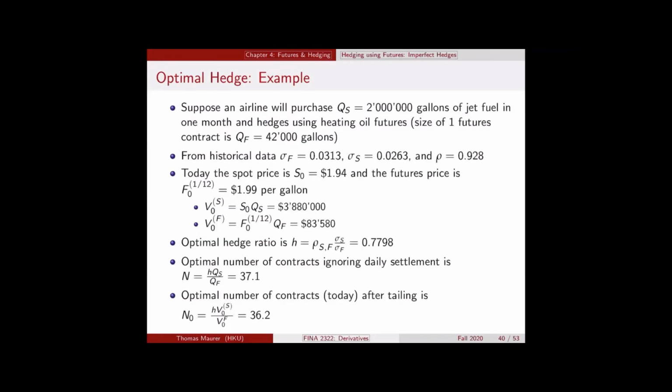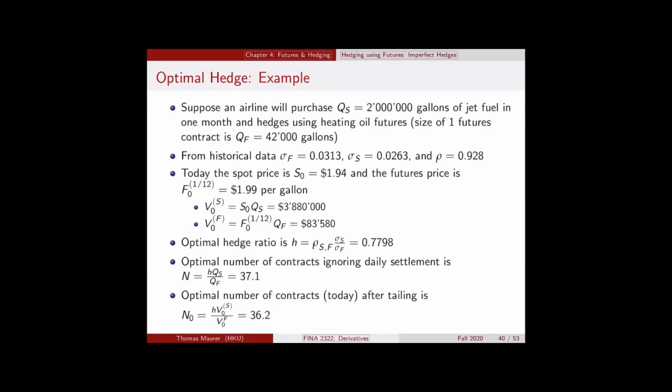Let's suppose you are an airline and you know you will have to purchase 2 million gallons of jet fuel in 1 month's time, and you will use heating oil futures to hedge this position. One heating oil futures contract is written on 42,000 gallons of heating oil.